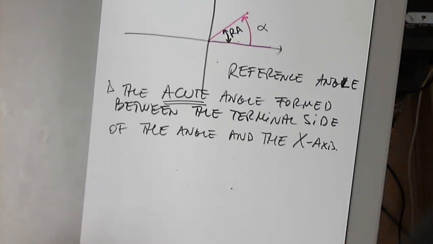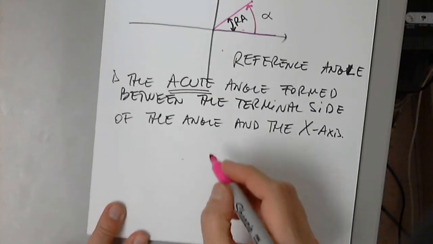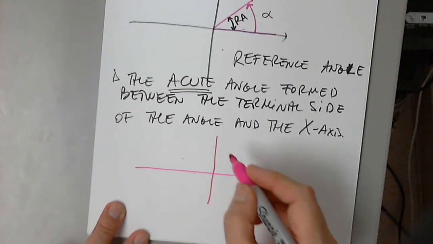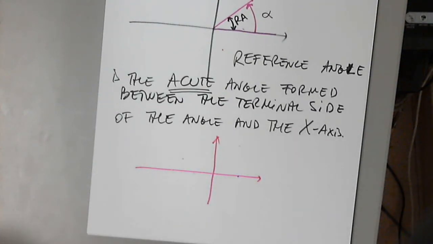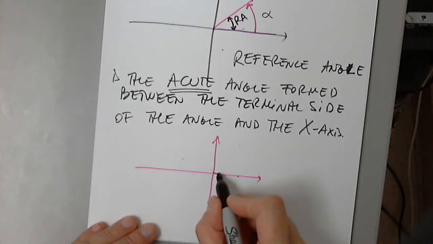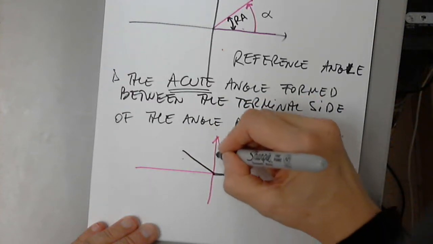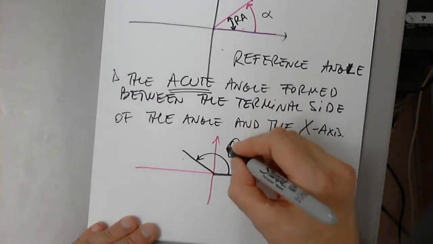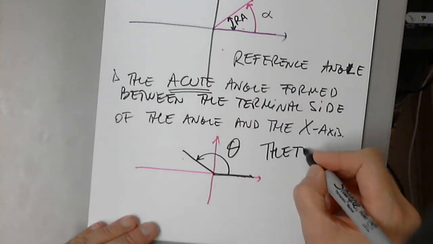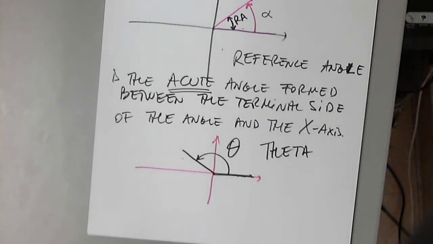Here's another example when the angle has a terminal side in the second quadrant. Standard position. This is, let's say, angle theta. It has its terminal side in the second quadrant. And the acute angle formed between the terminal side and the x-axis is this piece.